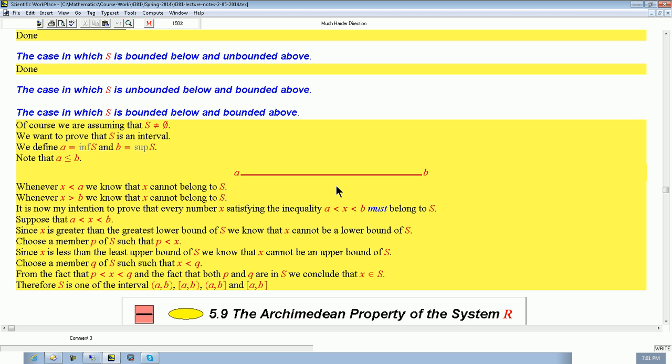I have no idea. But a number above sup S, above B, definitely not. A number below A, inf S, definitely not. Now, the meat of the proof is to explain that any number strictly between A and B must belong.